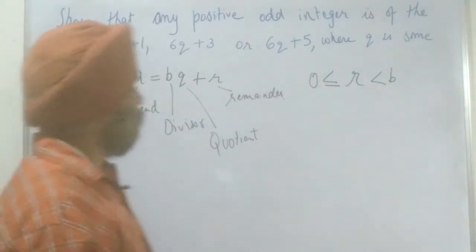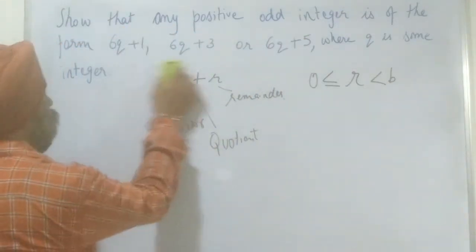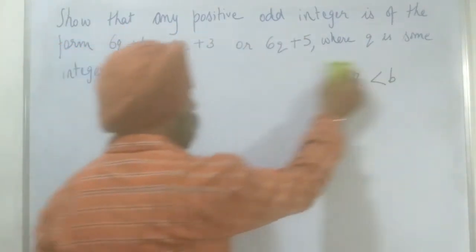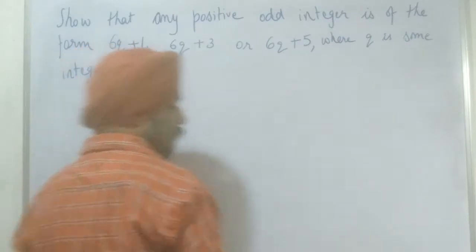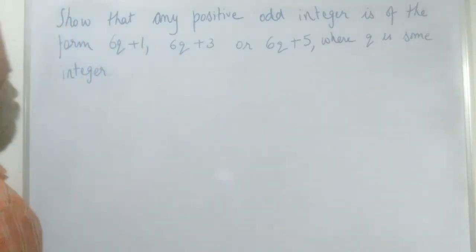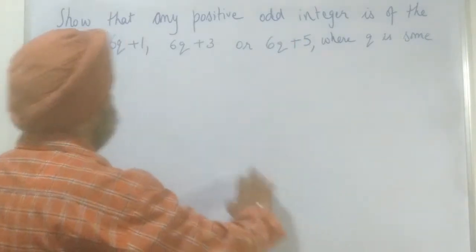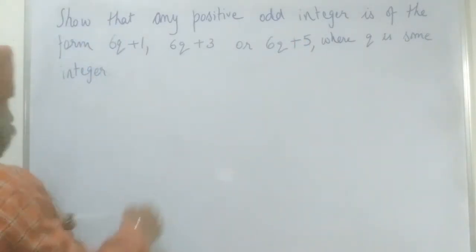So let's start with the sum now, right? तो actually इसका एक base होता है, base on which the condition of the question is based. It is that what is the remainder now? Remainder here is 1, 3 and 5, right? And the divisor is 6 here.